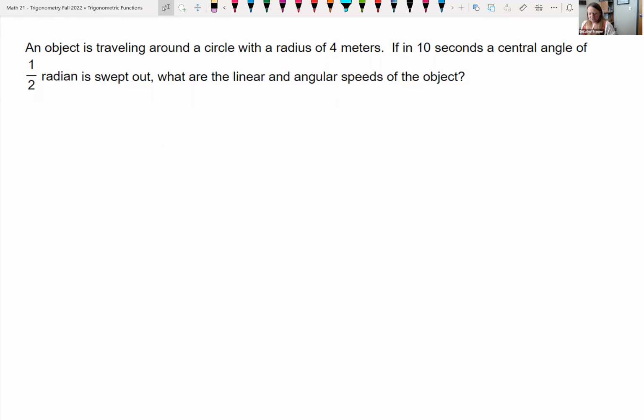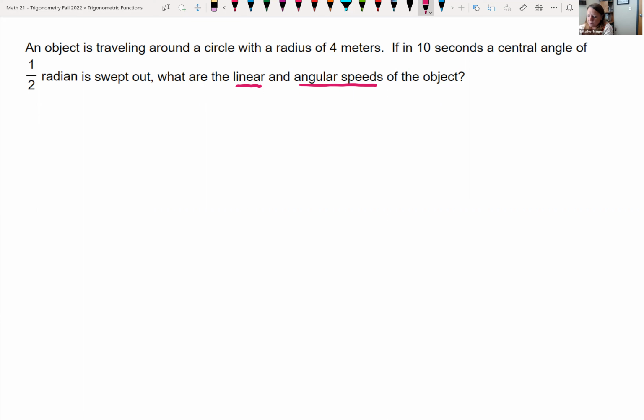So let's pull in one of the problems from the homework. It says an object is traveling around a circle with a radius of 4 meters. If in 10 seconds a central angle of 1/2 radians is swept out, what is the linear and angular speed of the object? Technically, if we find the angular speed first, we can use that to find the linear speed.